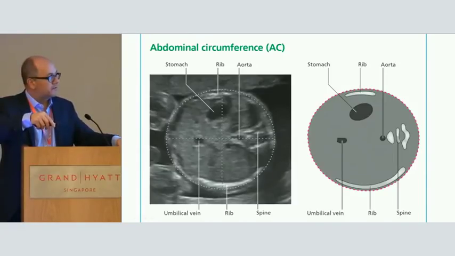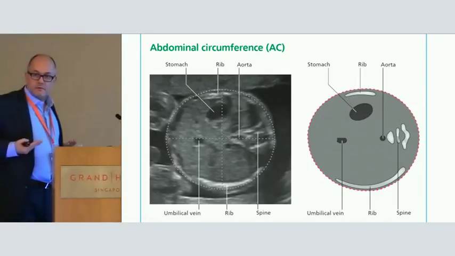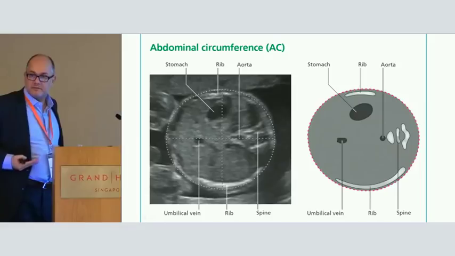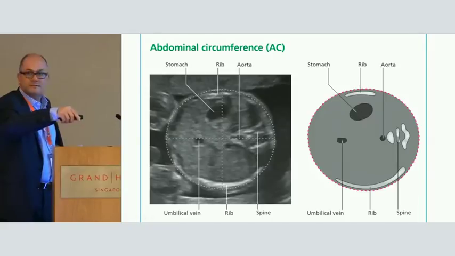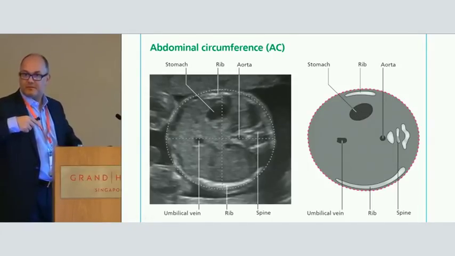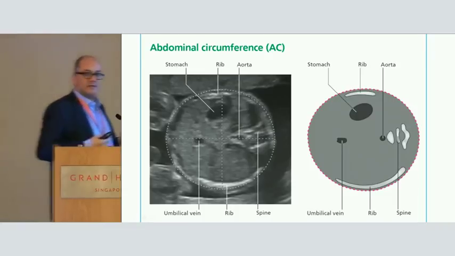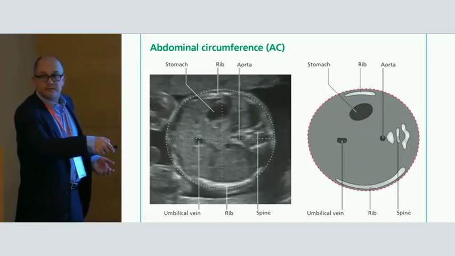What would happen to that umbilical vein if I move downwards? What would happen to that black spot if I move down from where I am? It's going to move towards the front, yes? Because it's going to reach the umbilical cord, yes? So as I move down, that little black spot will move forward.